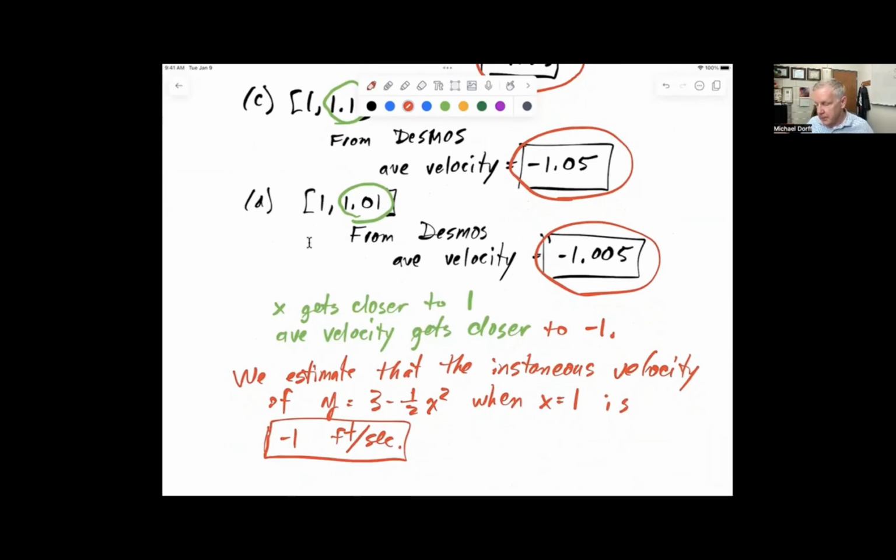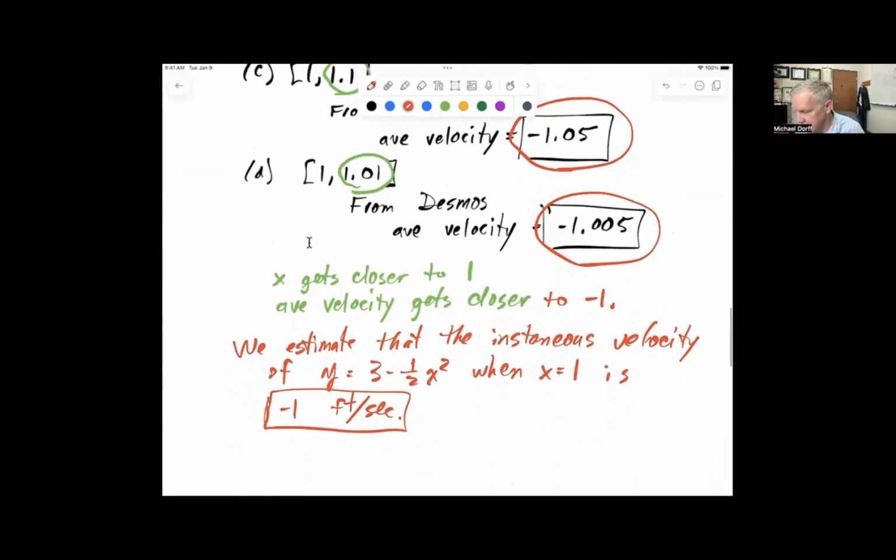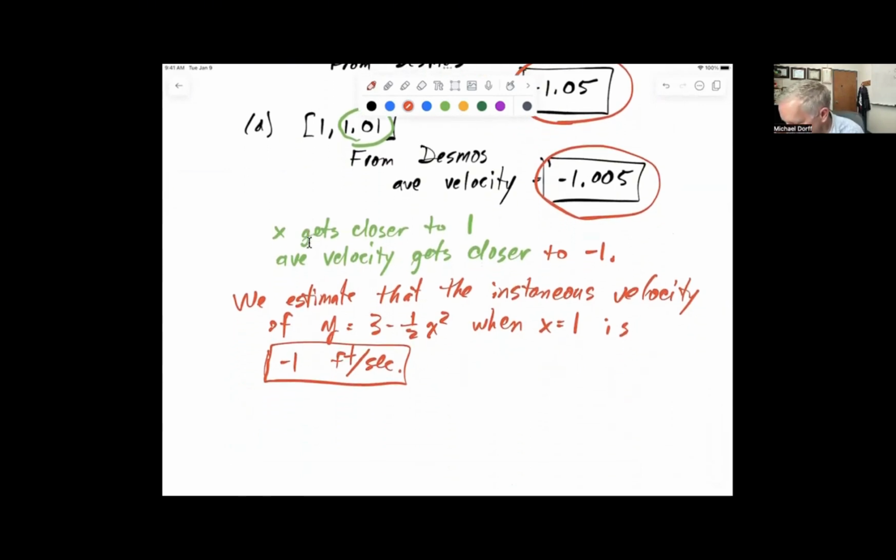The values we computed were the average velocities, and we're estimating that the instantaneous velocity would be negative 1. That's all we can do right now. We'll find a way to actually show that the instantaneous velocity is negative 1, but you're going to have to wait on that one for a little bit.